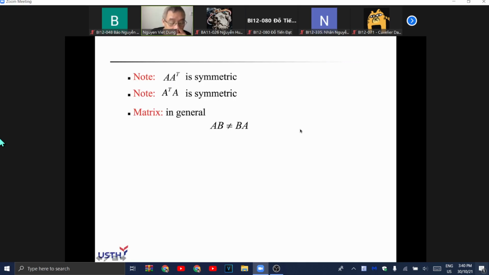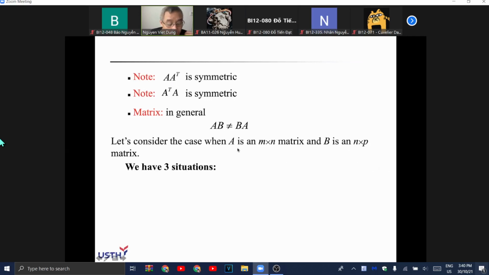Now, next I explain to you, in general, the product AB and the product BA are different from each other. Let's consider A is an M by N matrix and B is an N by P matrix. For A, B like that, we can have only three situations as follows.